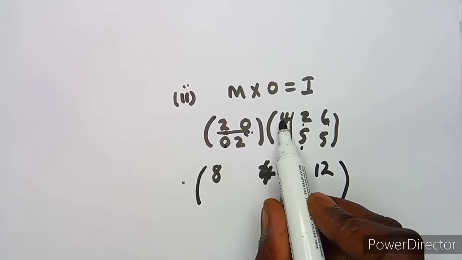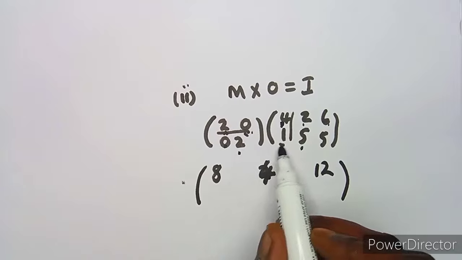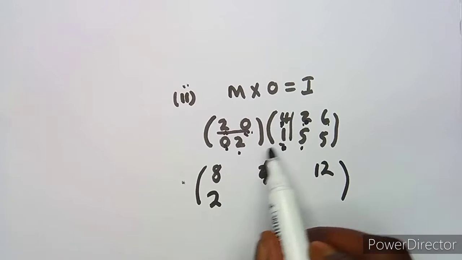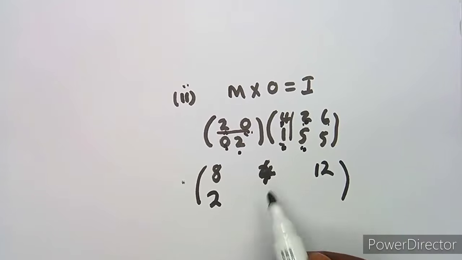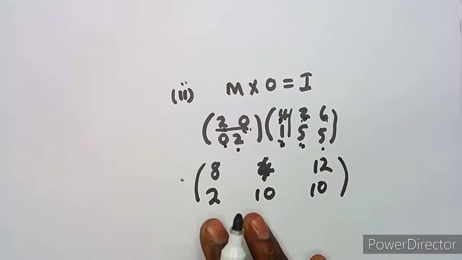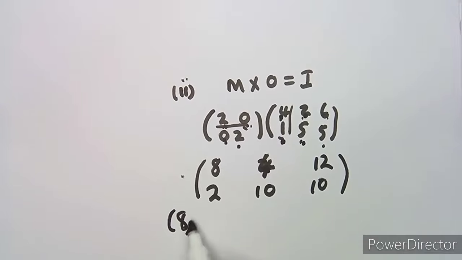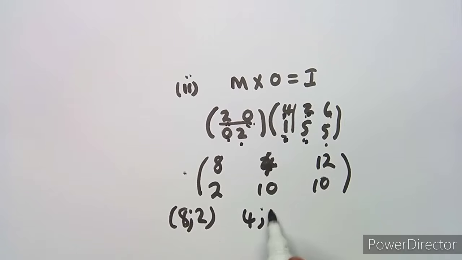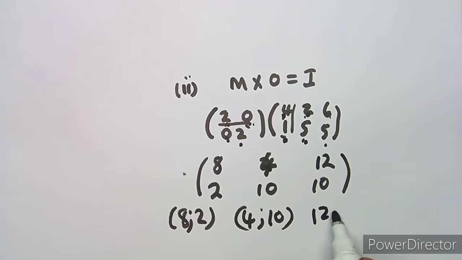You move on to 0 times 4, that is 0, plus 2 times 1, which is 2. 0 times 2, that is 0, plus 2 times 5, which is 10. The same thing here, which is 10. So these are the coordinates that you're going to locate on your graph: (8, 2), (4, 10), and (12, 10).